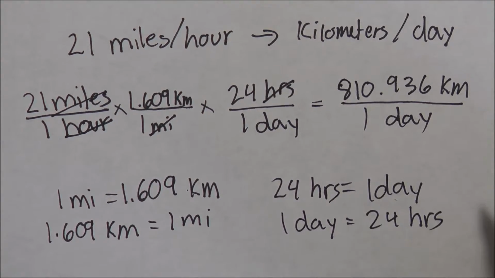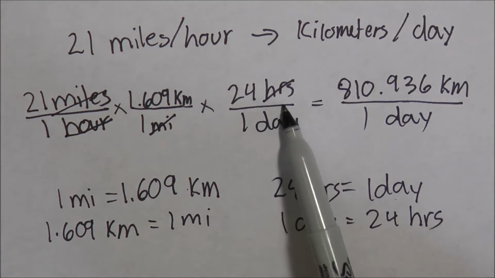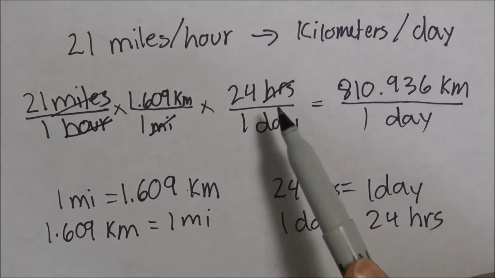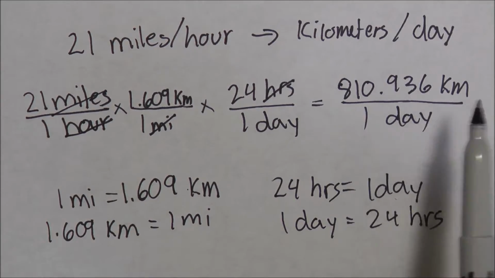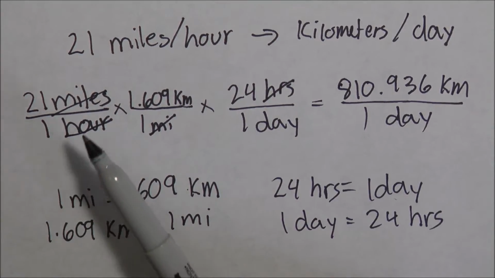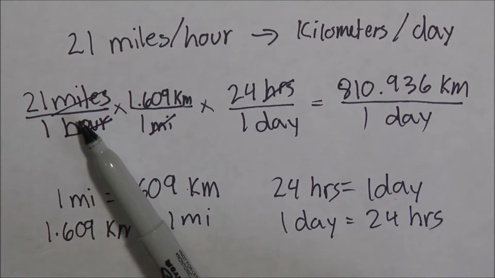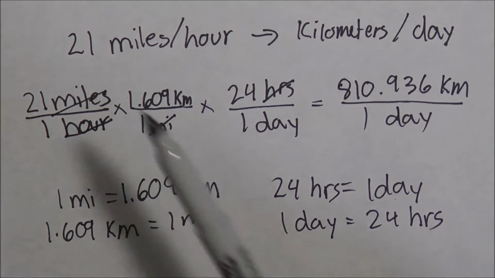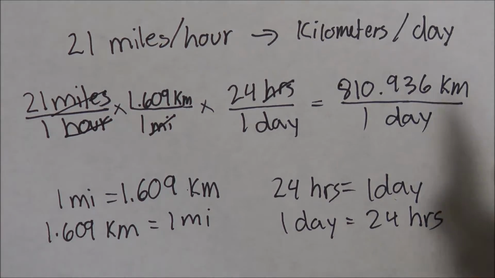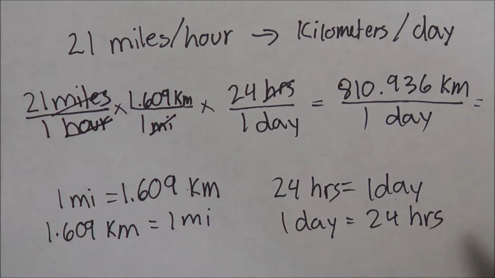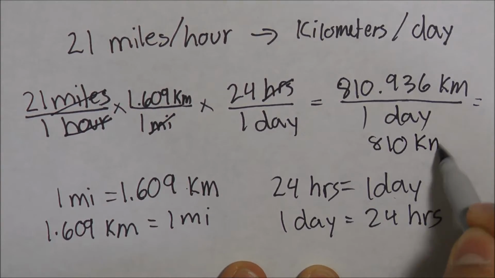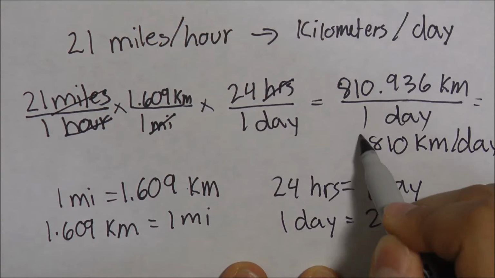If you want sig figs, see how this is a conversion factor, and also this. Conversion factors have unlimited sig figs, so you would not count them when you're determining your final sig figs. You would use 21 miles for your sig figs. So 21 has 2 sig figs. You need 2 sig figs at the end then. So this 810.936 kilometers would eventually become 810 kilometers per day. Don't forget your units.